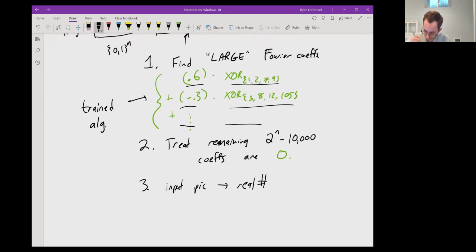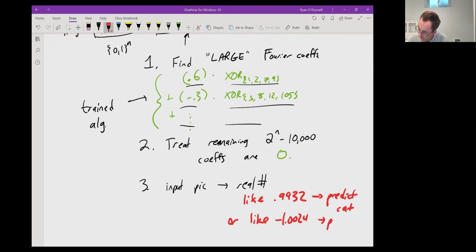And hopefully, for a given input picture, this real number will be like 0.9932. And then you're like, oh, in this case, I'll predict that it's a cat. Or it'd be great if it predicted some number like minus 1.0024, in which case you'll predict not cat.